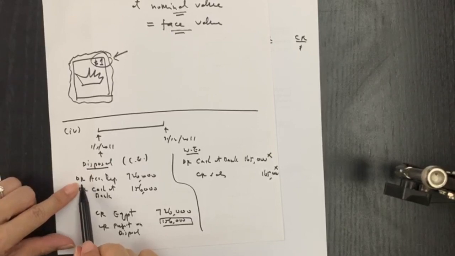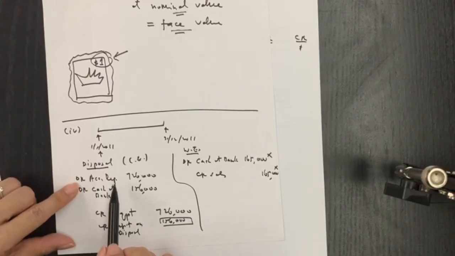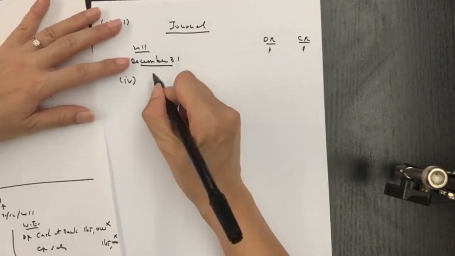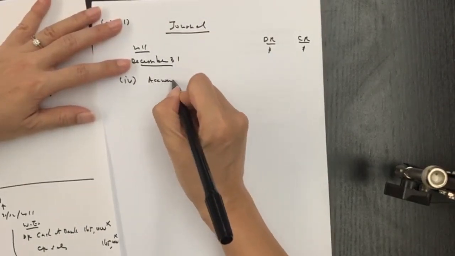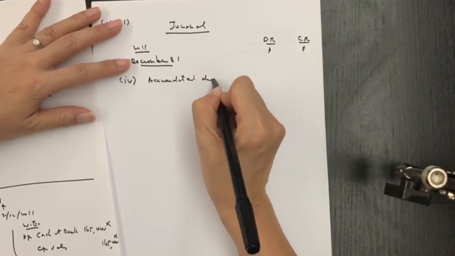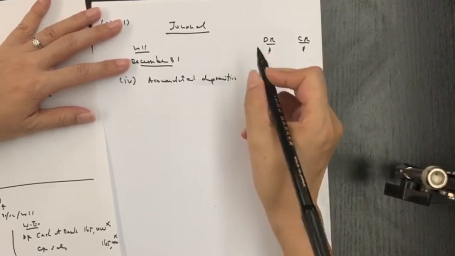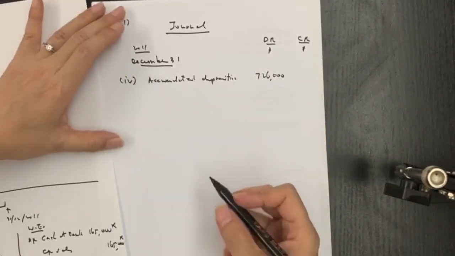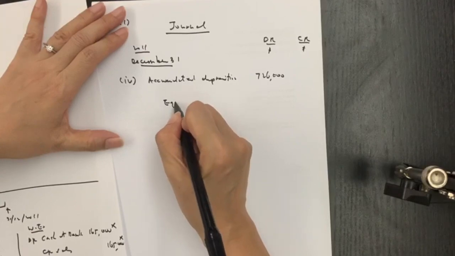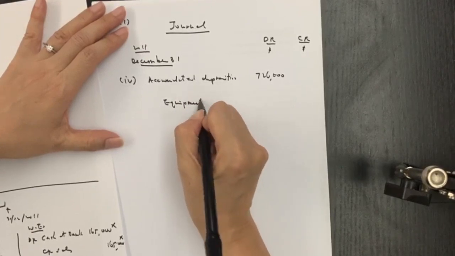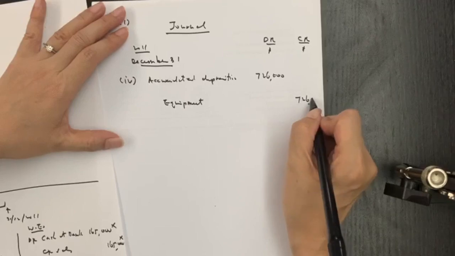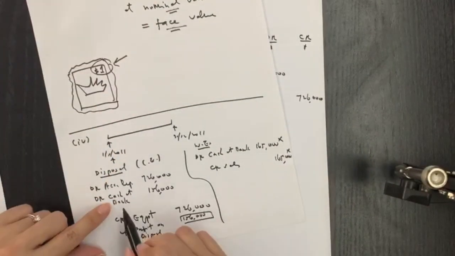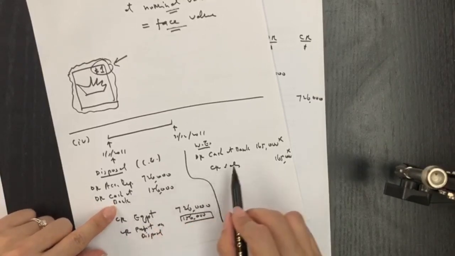Okay, now I need to debit accumulated depreciation being omitted and credit equipment for being omitted. Okay, so that would be accumulated depreciation, which is 726,000 omitted. And then what else is omitted? I need to credit equipment, which is being omitted. Okay, now I check. So how much we have to debit cash account?